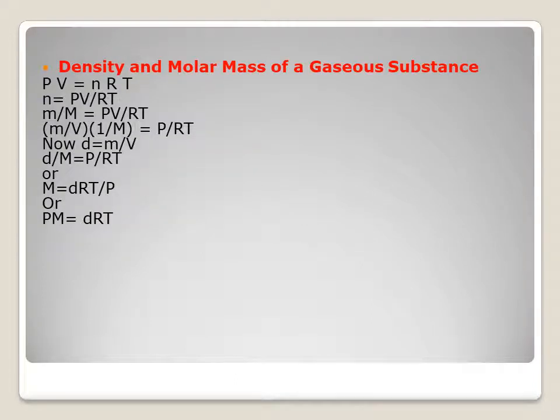You all know it very well. Now we are going to start with the relationship of density and molar mass of a gaseous substance using the ideal gas equation. The ideal gas equation is PV = nRT, where n is the number of moles and n can be written as mass upon molar mass, m upon M. Put down its value, rearrange the equation, and you know that density d is equal to mass upon volume, d = m/V.